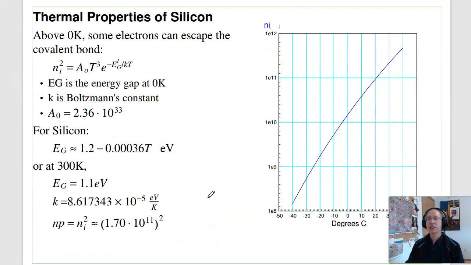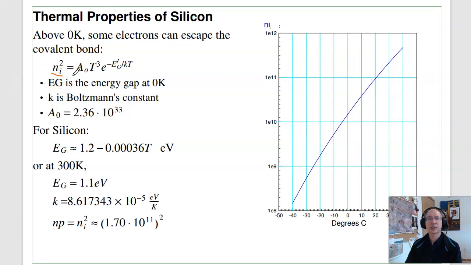Now, as we saw with the demonstration, for pure silicon, as you heat it up, the resistance changes. That lets you build thermistors. Now, the number of free electrons is a function of temperature. So this is the number of free electrons per cubic centimeter. A0 is a constant. T is the temperature in degrees Kelvin.